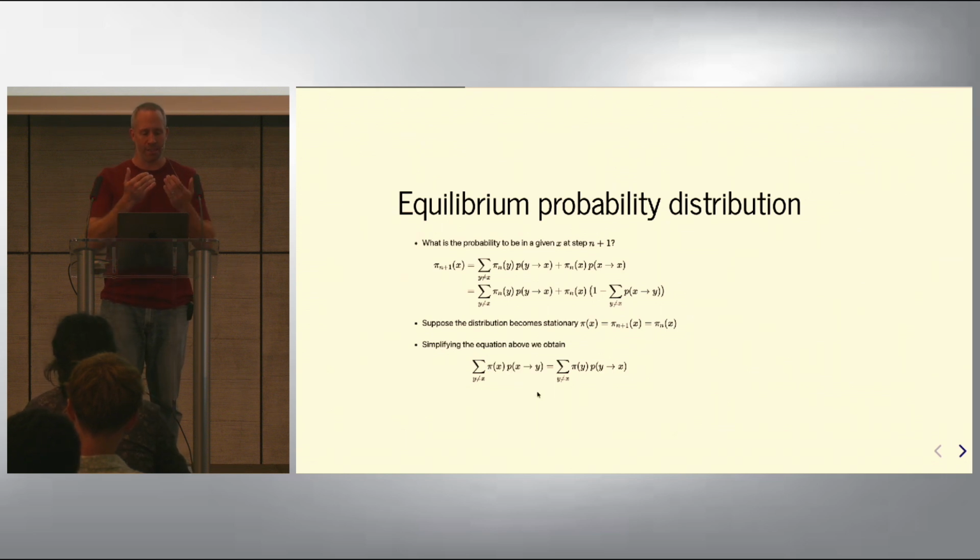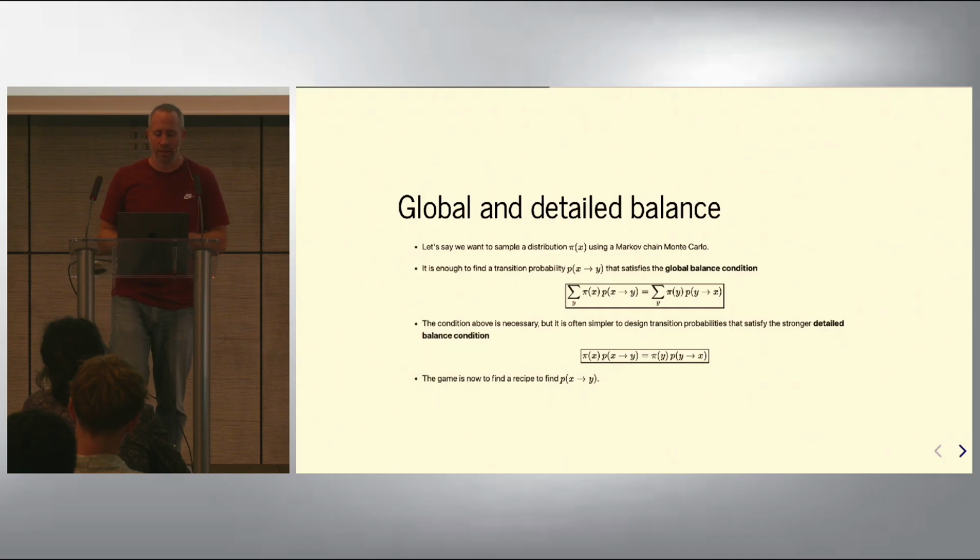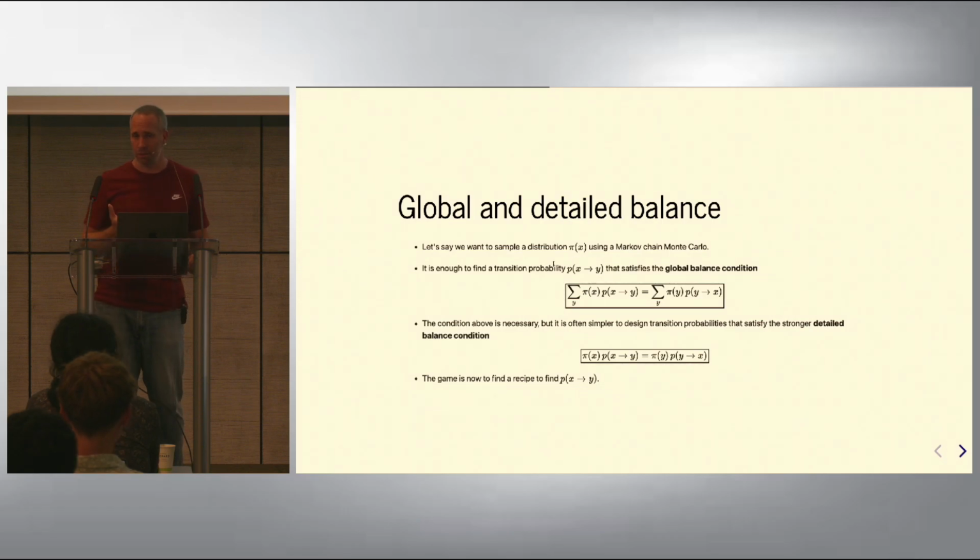So it means this equation gives me a recipe which connects my target probability distribution, this is where I want to go, this pi of x, and this transition probability p. So all the game now, which may sound simple, is to say, okay, I want to sample numbers according to pi of x. Now all I need to do, in principle, is find a transition probability p that satisfies this previous equation.